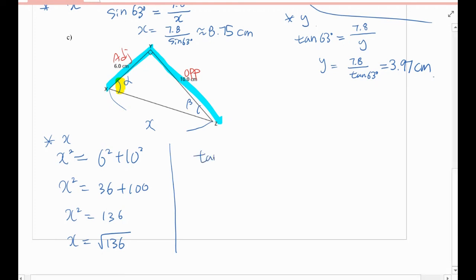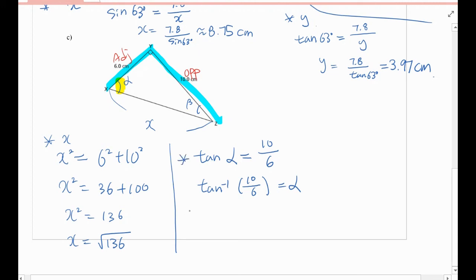You have to use tangent alpha, opposite over adjacent. And everyone, we want to know the angle measure. When you need to find an angle, you use inverse tangent. So inverse tangent of 10 over 6 will give you the angle measure. I'm going to put this into your calculator later.